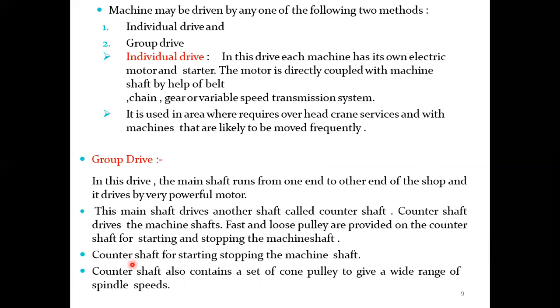Fast and loose pulleys are provided on the counter shaft for starting and stopping the machine shaft. The counter shaft also contains a set of cone pulleys to give a wide range of spindle speed. This is the group drive.